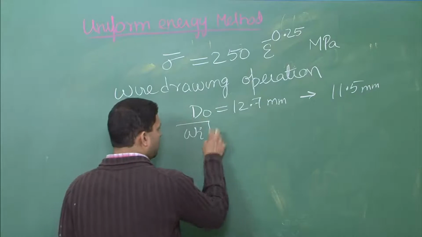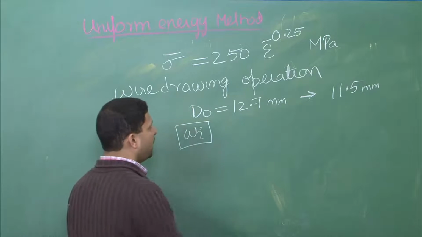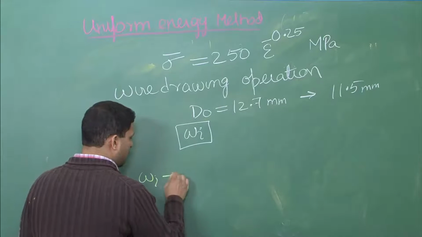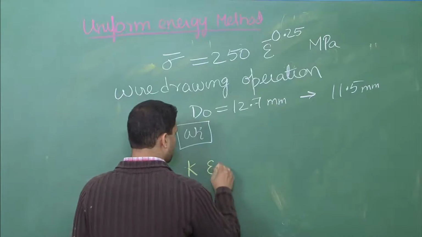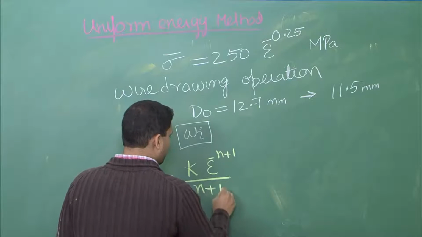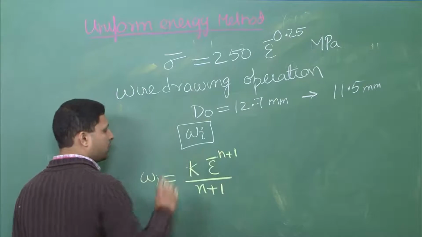The first thing that you may think of is to calculate the strain, or basically that Wi is given over there for power law behavior. So, we know K, we know N, and the only thing that we need to calculate is strain.